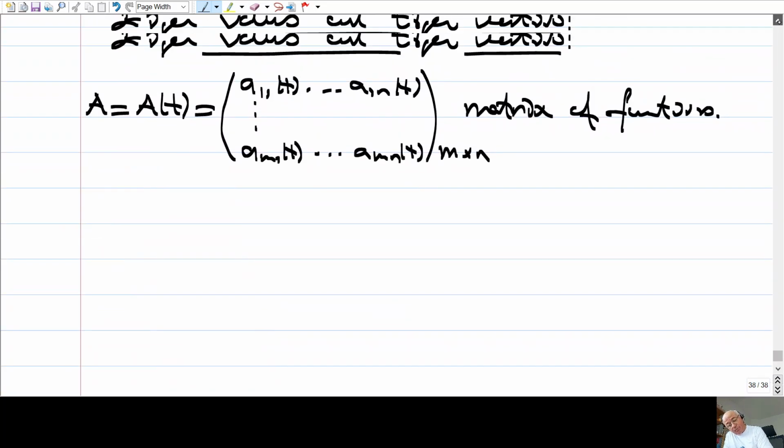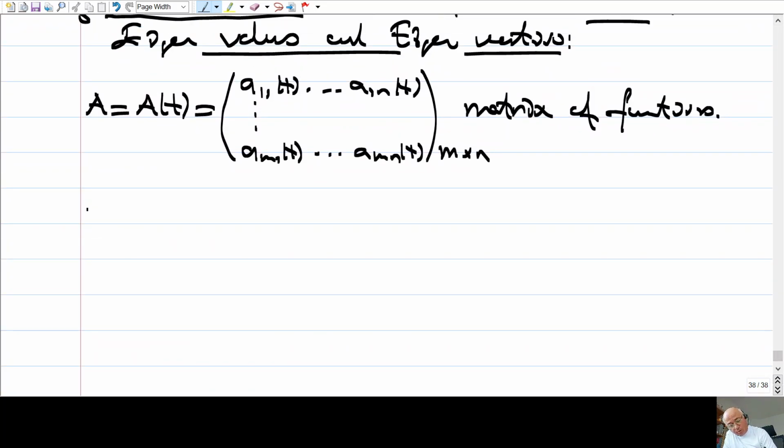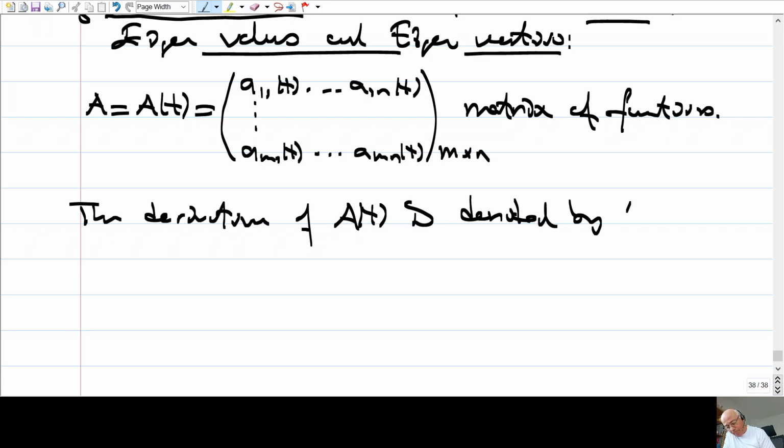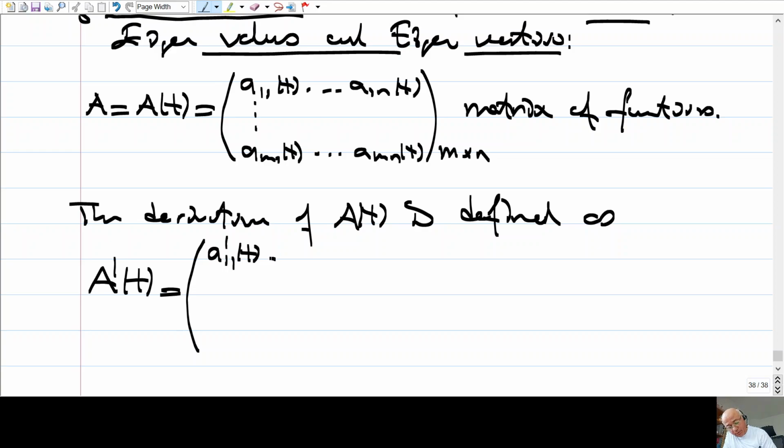As I actually mentioned above, the derivative of A(t) is denoted by A prime(t) and is defined as follows. A prime(t), what is it? You take the derivative of each entry, nothing else. A_m1 prime(t), A_mn prime(t).